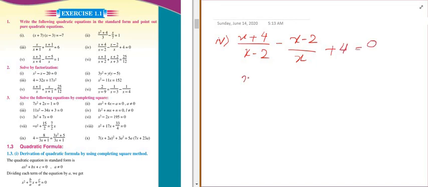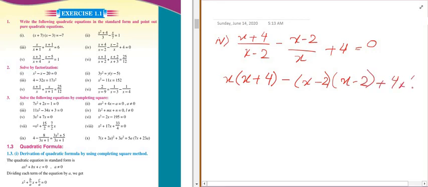We get x plus 4 into x plus 4 minus x minus 2 into x minus 2 plus 4x into x minus 2 equals to 0. Now multiply these terms.